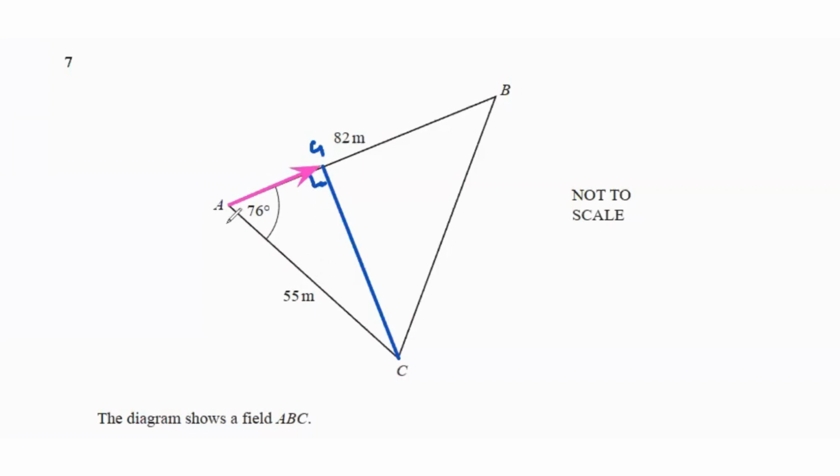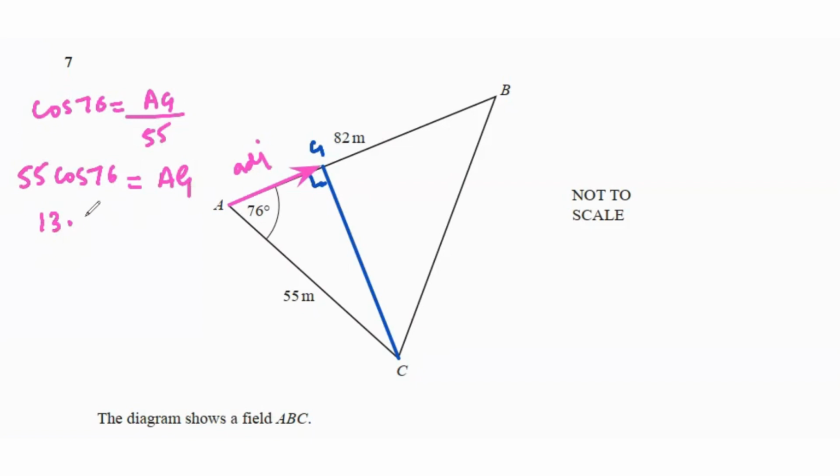So we have the hypotenuse, we have the angle, we have to find the adjacent. So cos of 76 equals AG over 55. And that is going to give us 13.31 meters.